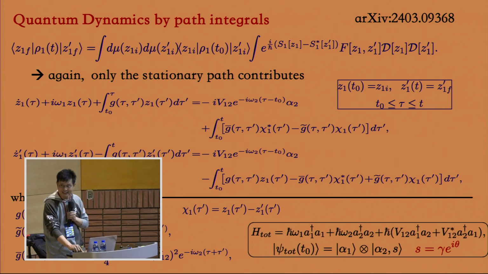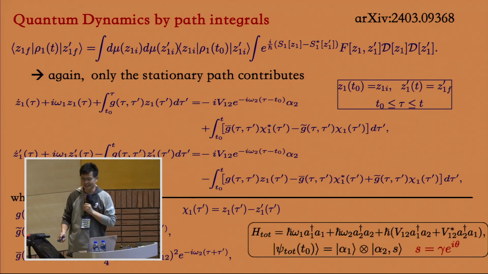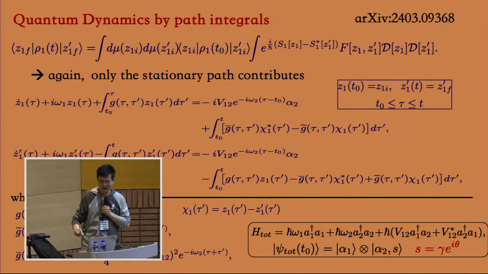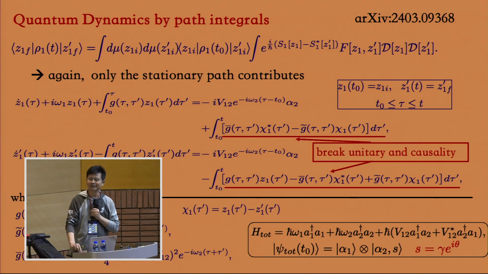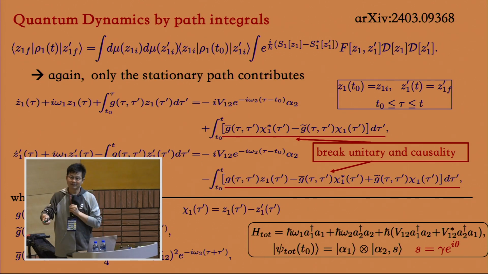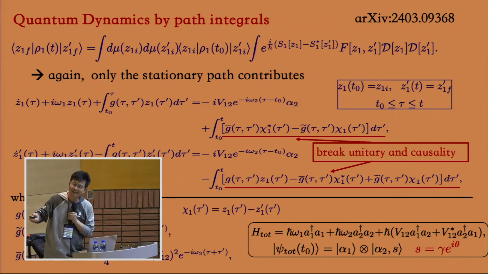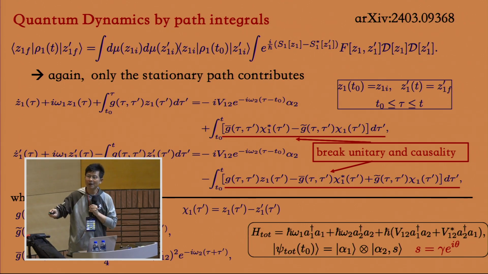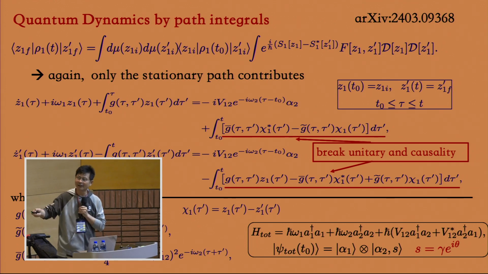And the more amazing thing is that everything comes from this Hamiltonian and initial state, but those terms break the causality. Why? The tau is the intermediate time between the starting point and the end point in the path integral. So tau is less than t and larger than t0.